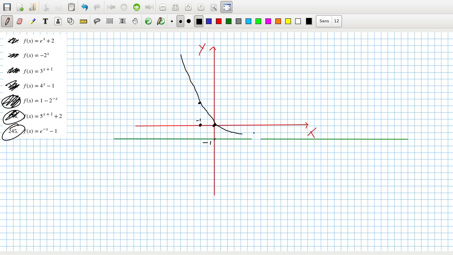Yeah, it'll have to do. So it's coming down, crashing towards -1. So the domain, all reals, the range is -1 to infinity, and the asymptote is -1.